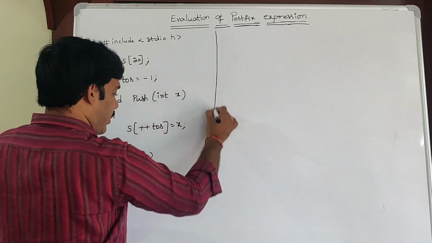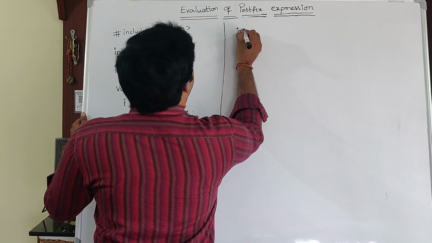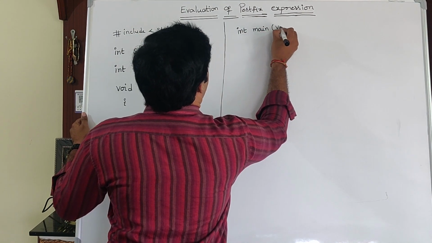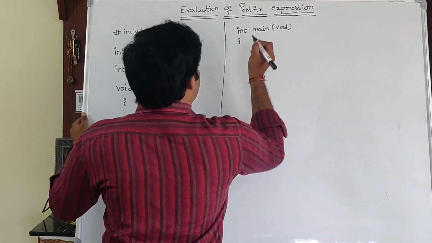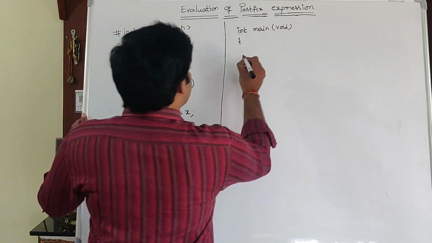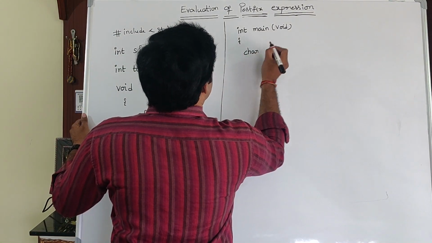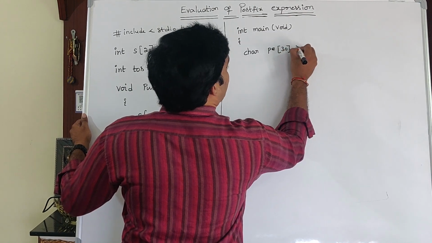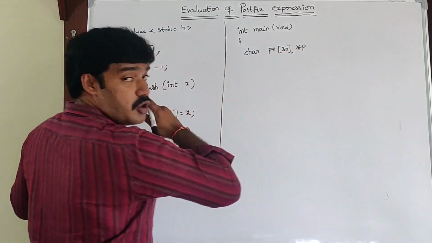Next, I am writing the main. What is the technical way to write the main function? int main(void). Next, declare one character array to hold the postfix expression, char pe[20] or 30, whatever it may be, and one character pointer p to go through the string.